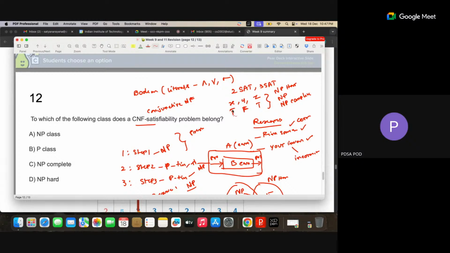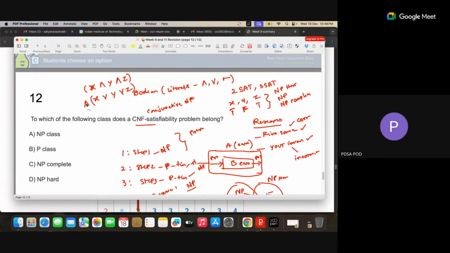Maybe clauses contain x or y or z, and similarly another clause with x or y or z. Between these 2 clauses you might have an AND operator. These kinds of problems, which class do they belong to: NP-hard, NP, or NP-complete?